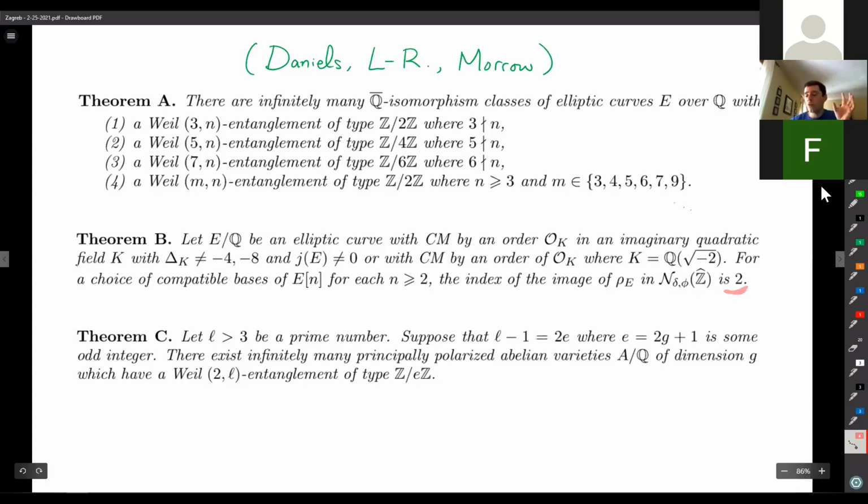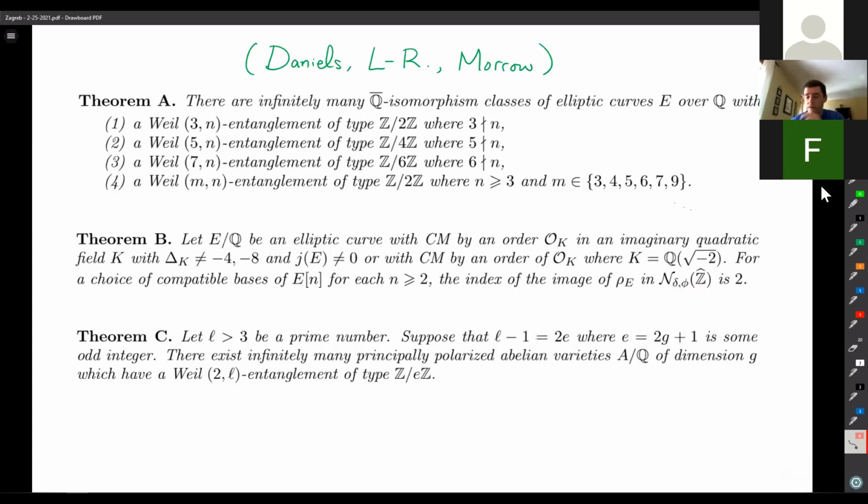So the fact that it's always index 2 is that there is always an additional entanglement, which is actually a Weil entanglement in addition to that. And third, we've actually extended our search a little bit into abelian varieties, and we prove that there are entanglements in torsion subgroups of abelian varieties as well.